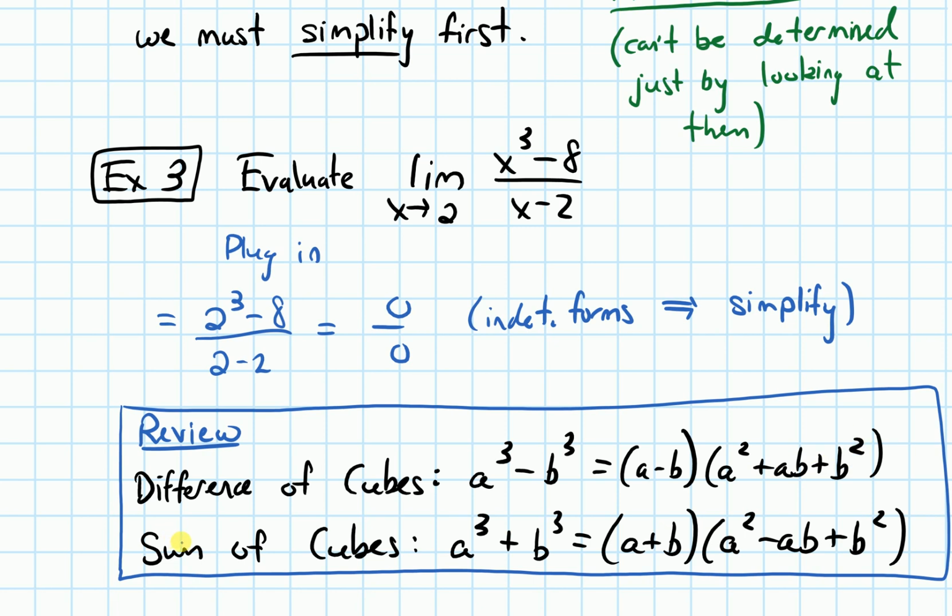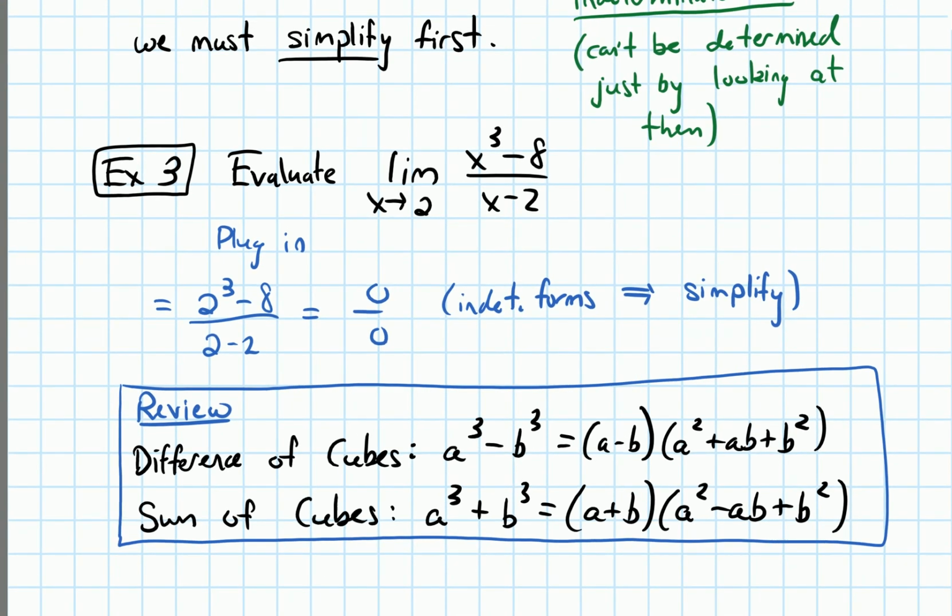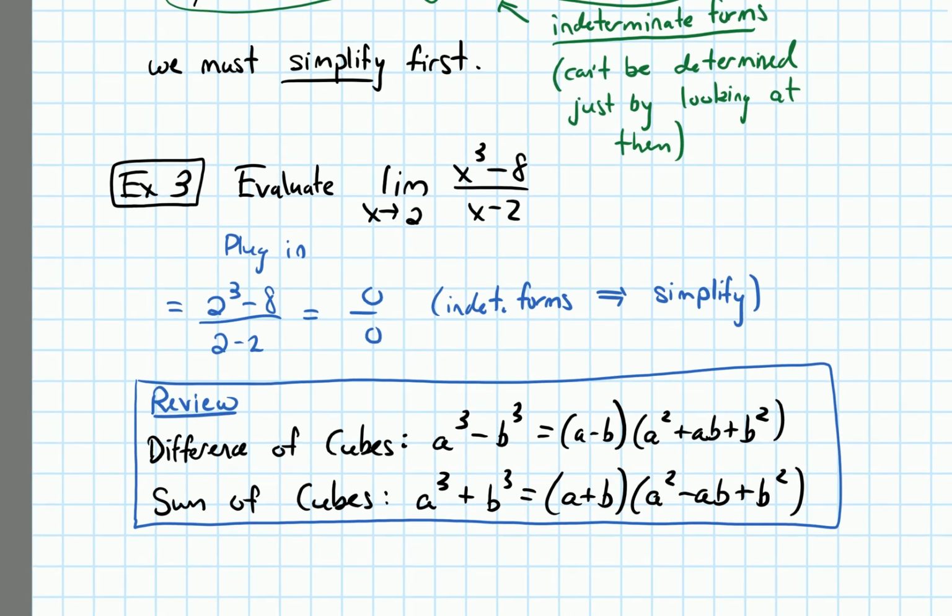And the sum of cubes has a really similar factorization. Just a couple of the signs are different. Notice that this minus b changed to a plus b, and the sign in the middle, the plus ab term, changed to minus ab. In fact, there's a quick way to get the second formula from the first. You just replace b with negative b.